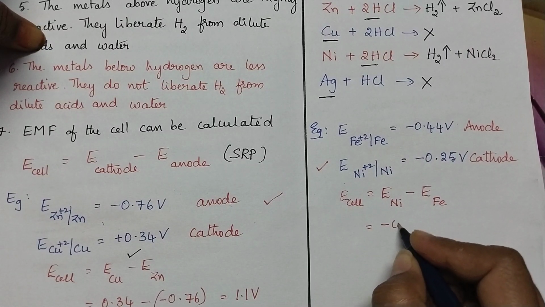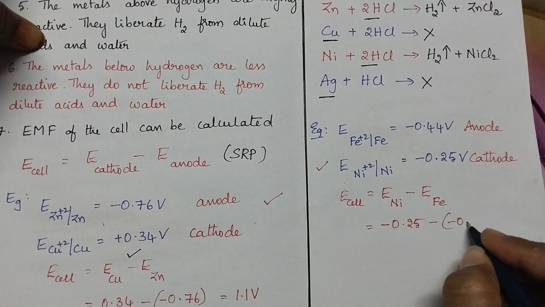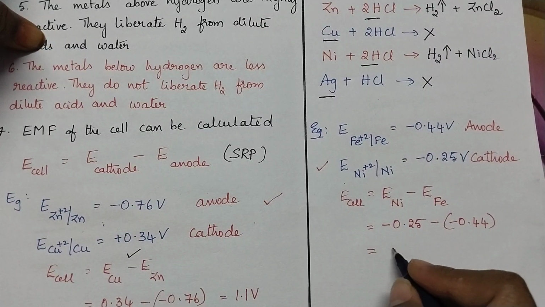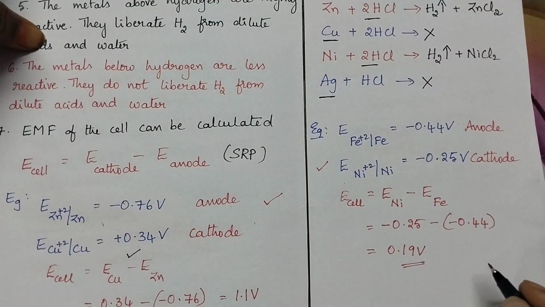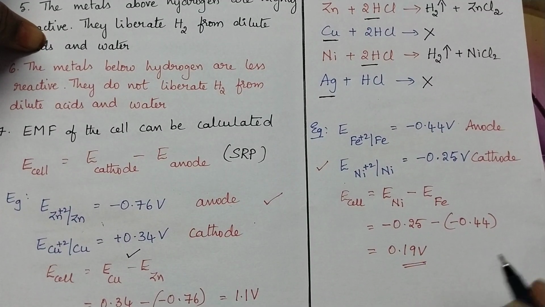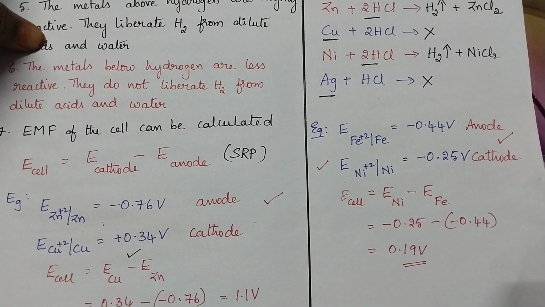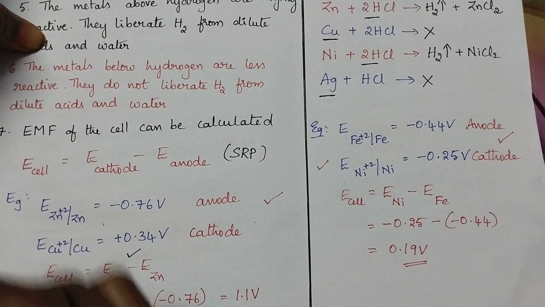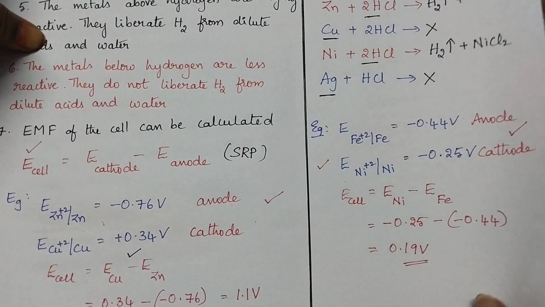That means minus 0.25 minus of 0.44, that is equal to 0.19 volt. So here also the EMF of the cell is a positive quantity and hence the reaction is spontaneous. Clear? So in this way, by calculating the EMF of the cell, we can predict whether the reaction is spontaneous or not.